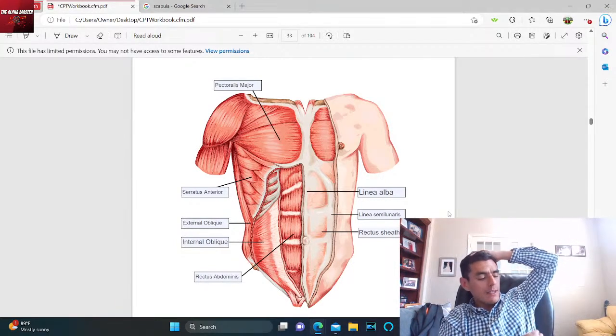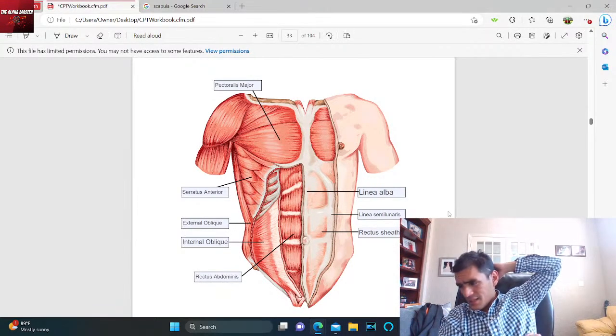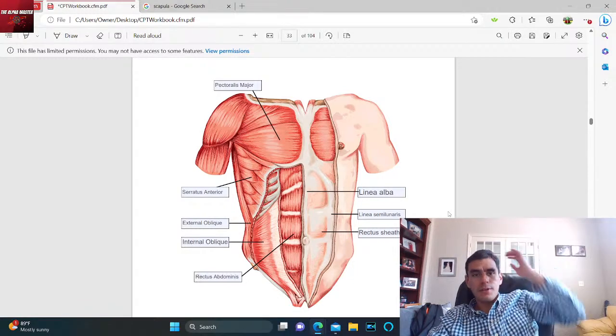All of that fish-like portion that you have is the serratus anterior, and it actually feels like you can feel the vertebrae over here.